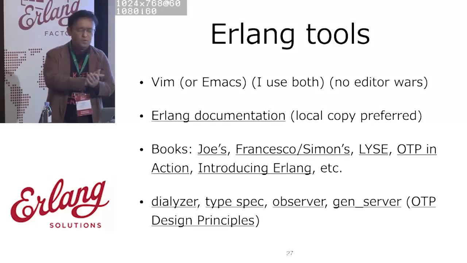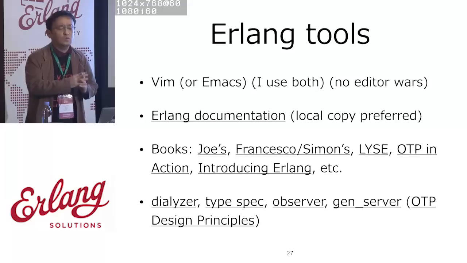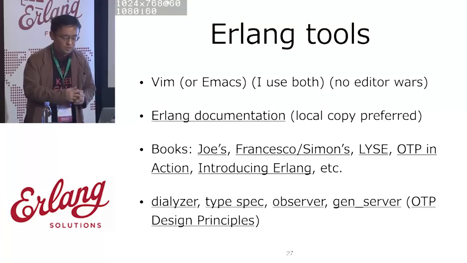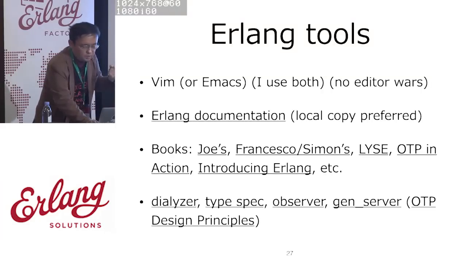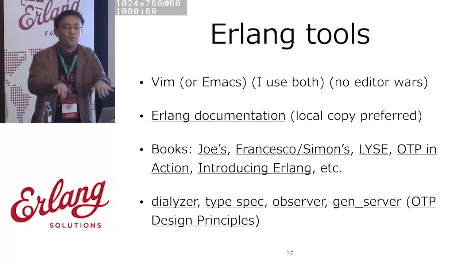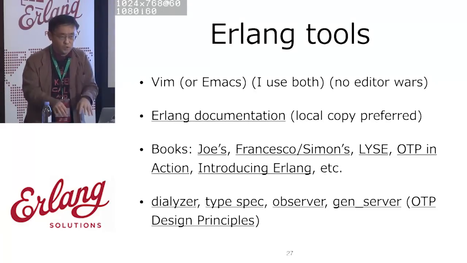And if you want to see how a process behaves, try using Observer. Or, as one of my friends, Fred Bell, taught me, use the sys module. The sys module has a lot of goodies also. And if you make something like this, think about using gen_server, not inventing your own. Use gen_server, gen_fsm, gen_event first.